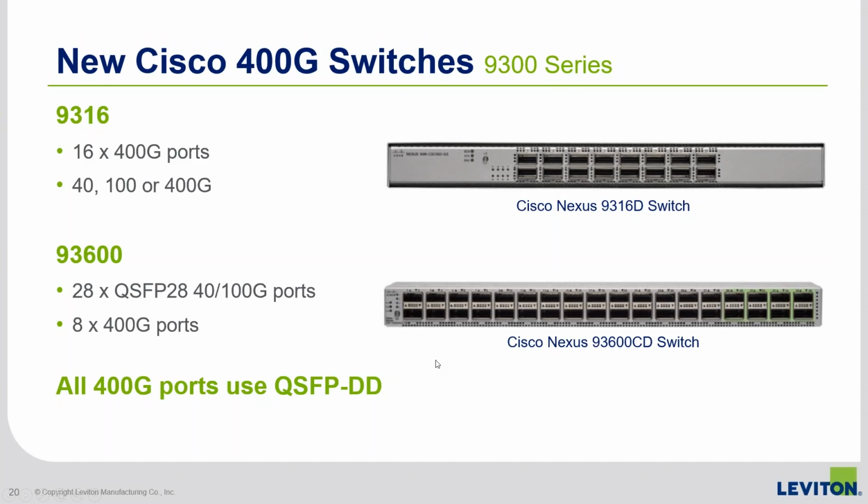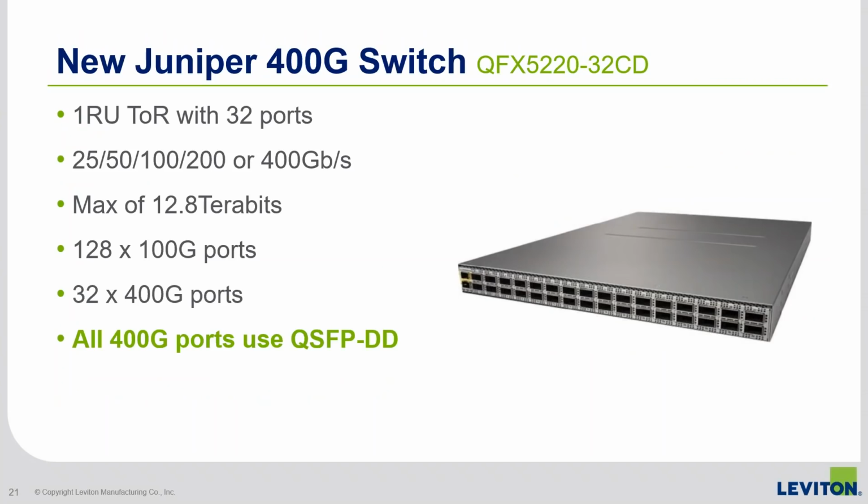Again, the point I want to get across is that these have been introduced, and they are on the market, so it's really for awareness and understanding of the options that are out there. Next one is Juniper. Juniper has very little public information on their site, but they are planning on coming out with the same top of rack switch that we talked about for Arista and Cisco. Again, they are just using the QSFP option like Cisco.